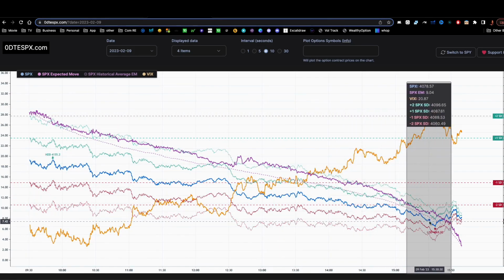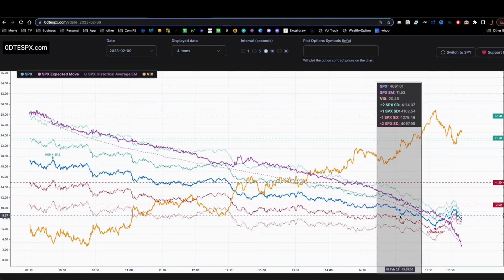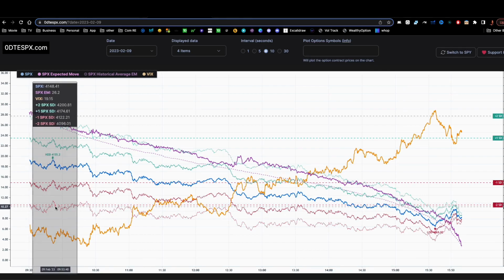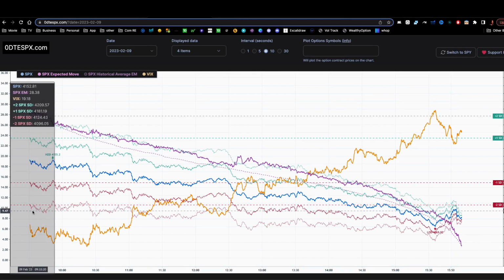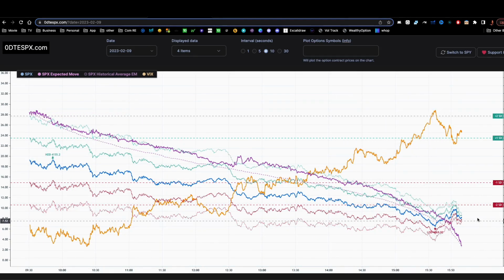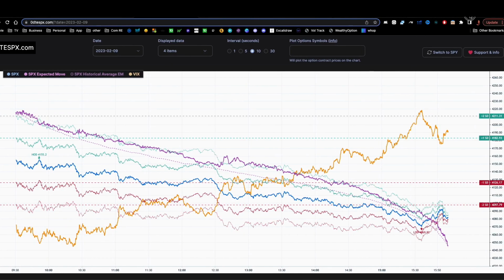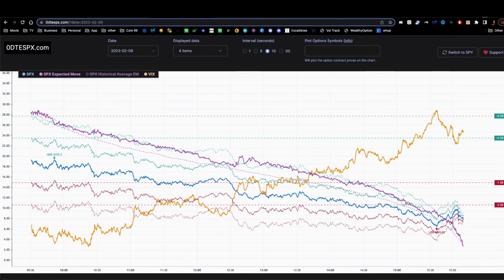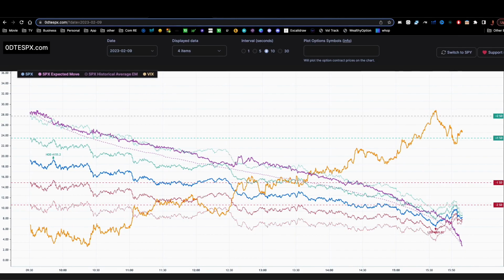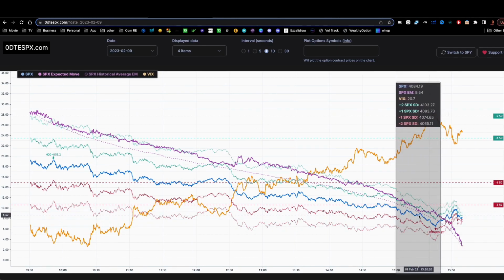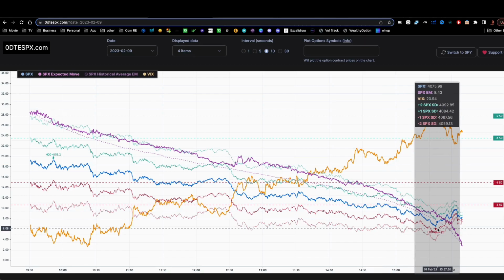Later on in the day, the market actually eclipses where that standard deviation line is. So if I place a trade up here, right at the open, that is 40.97.